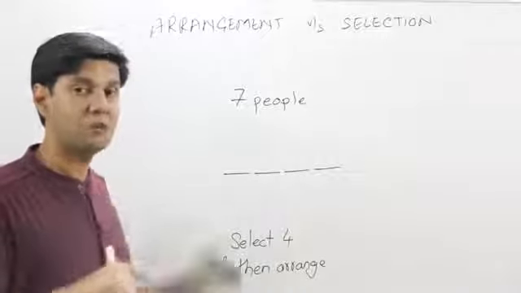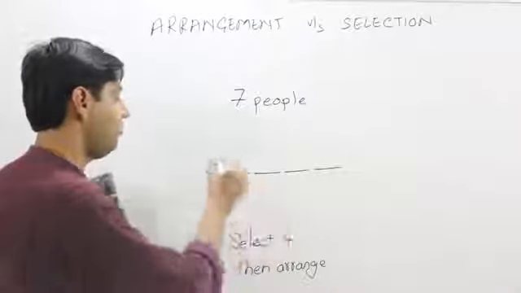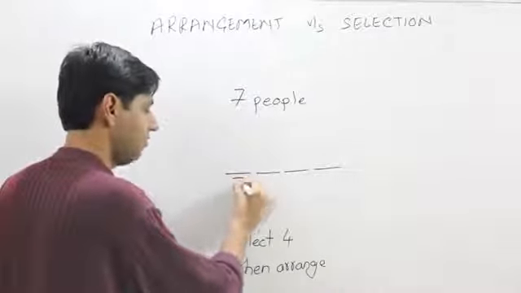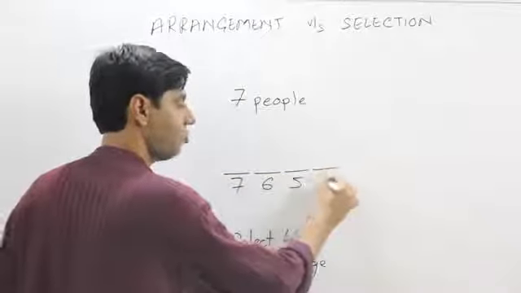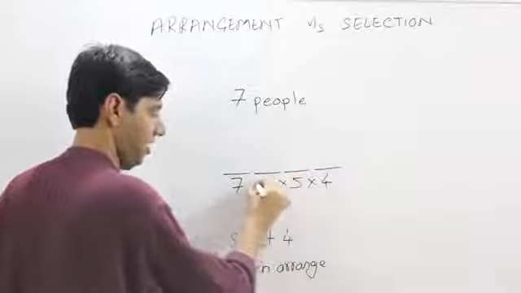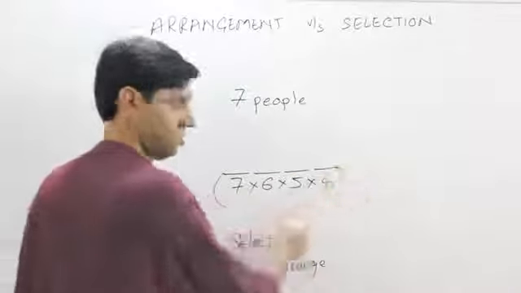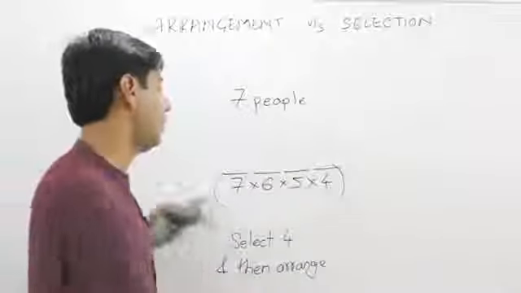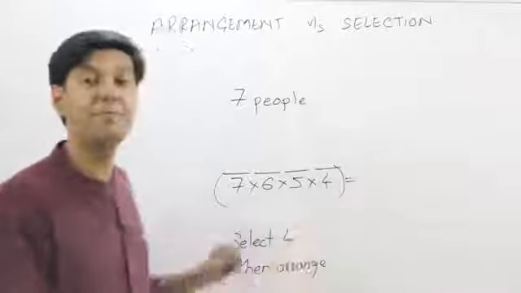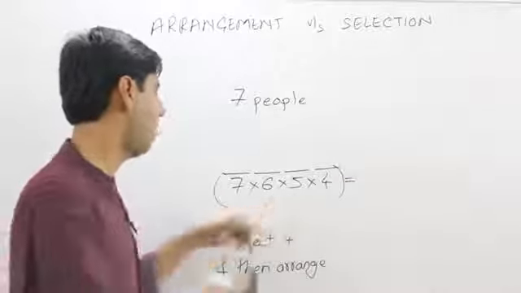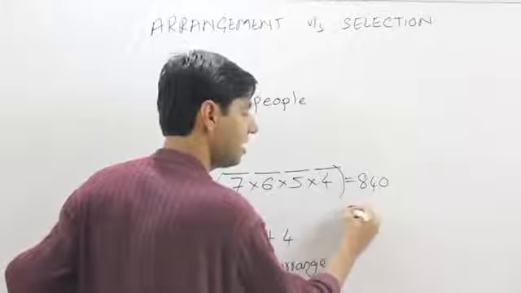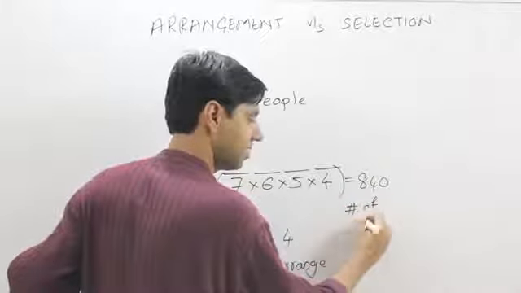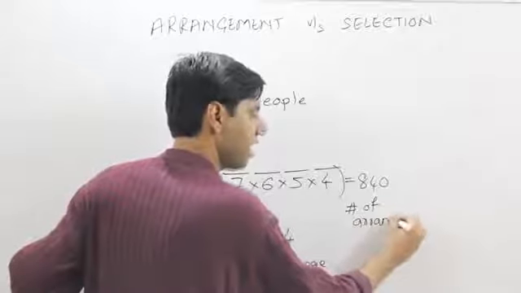However, we have solved this question already and we know that this could be done in 7 ways, 6 ways, 5 ways, 4 ways, and we take a product of them. When we do this process, the number of ways in which they can be arranged is 7 times 6 is 42, times 5 is 210, times 4 is 840. This 840 is the number of arrangements. Is this okay?